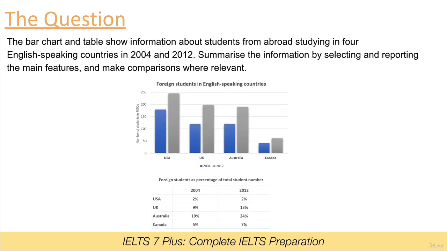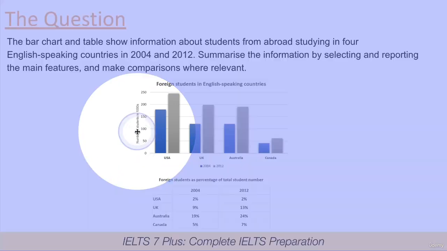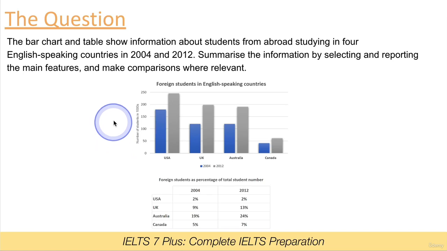Right, okay, so we have the 4 countries on the x-axis of the bar chart. USA, UK, Australia, Canada. We've got the 2 years, 2004 and 2012. And on the x-axis here, we've got the number of students in the thousands.